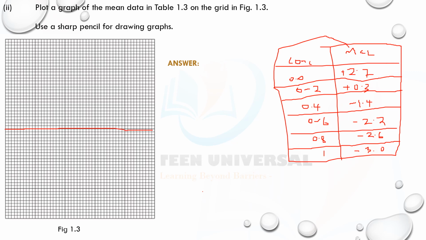So this is our concentration. Remember that the independent variable is always on the x-axis, and the dependent variable is always on the y-axis. The independent variable here is concentration. Because this gives you a lot of marks, you have to write concentration of sucrose solution, and put the units.